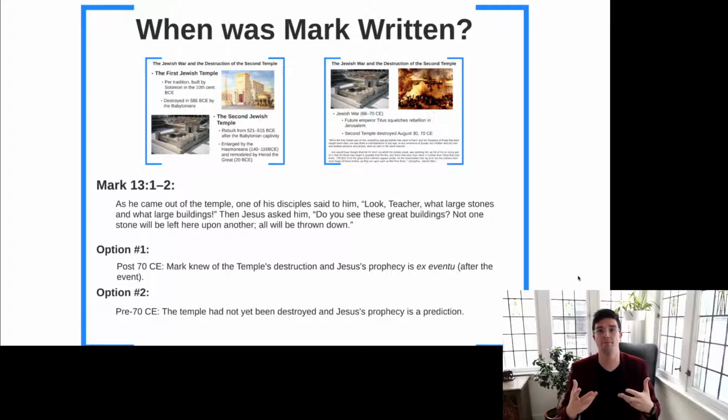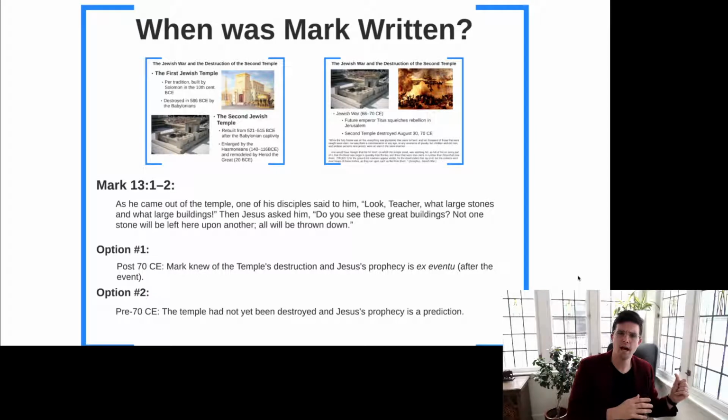The author of Mark sees the writing on the wall and puts this prediction of the destruction into Jesus's mouth, saying Jesus makes this prediction via Mark's writing because he sees or suspects that something's going to happen in Jerusalem, that the political tensions are going to come to a head.